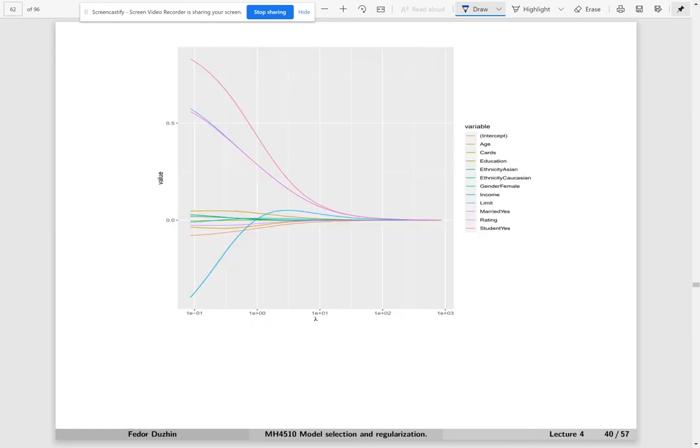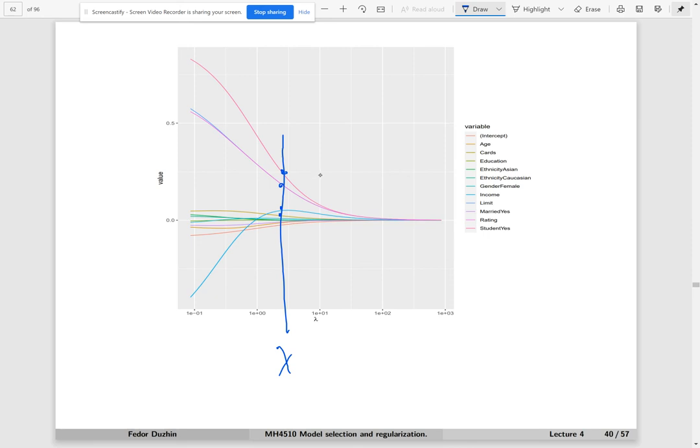And here is the outcome, right? So what I did here, I fitted my ridge regression for a lot of different values of lambda. For every value of lambda, I found some coefficients, right? So for a specific value of lambda, these numbers here are estimates for my coefficient.